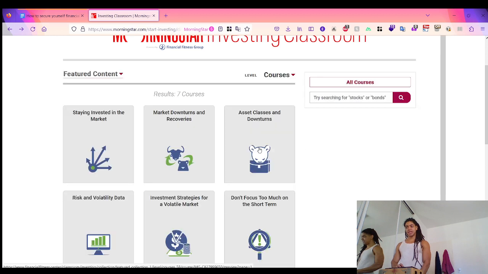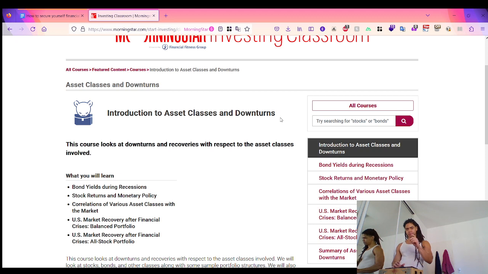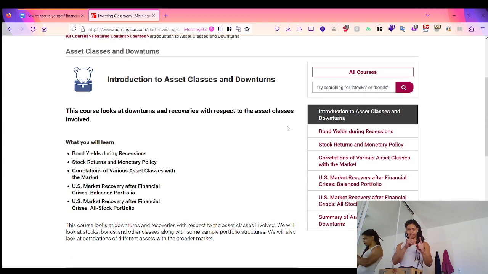And now I'm going to look at the market in terms of recovery with respect to some asset classes, such as bonds, stocks, and some other asset classes with a sample portfolio, and see the correlation of different assets with the broader market.